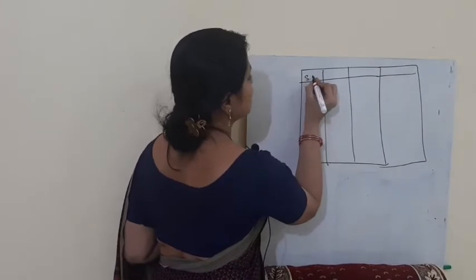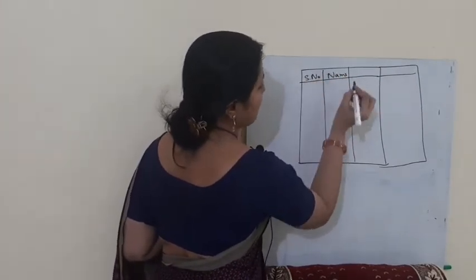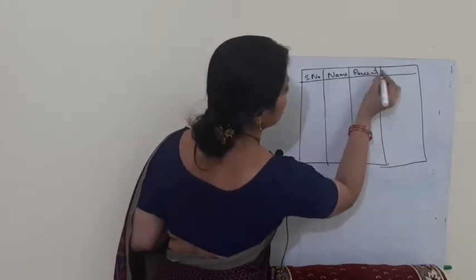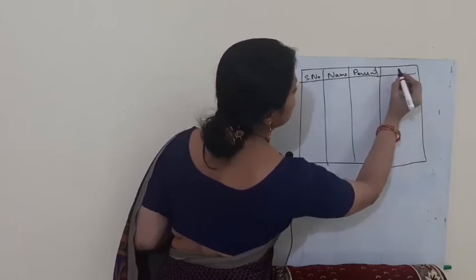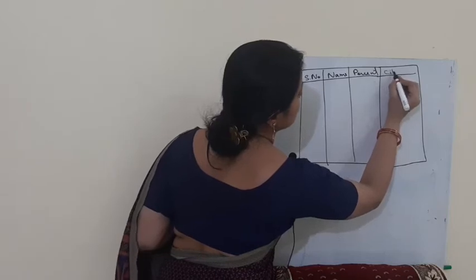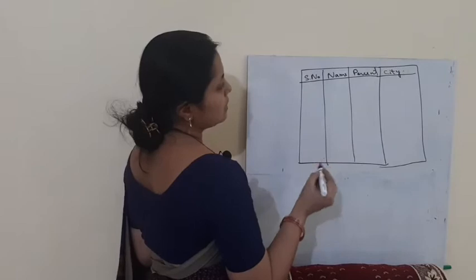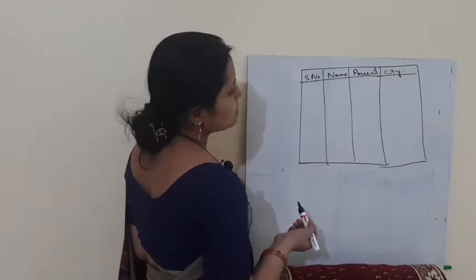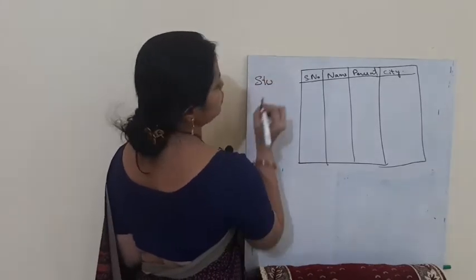Here it is written serial number, here name, here percent, and here anything, you can write city. I have different values here. The name of this data frame is STU, the student data frame.